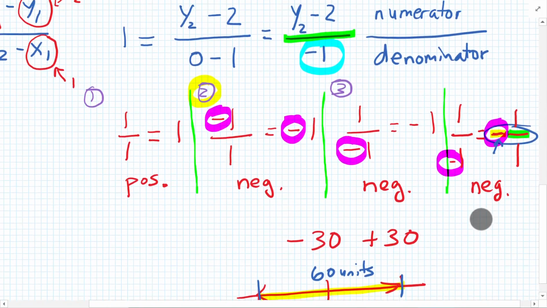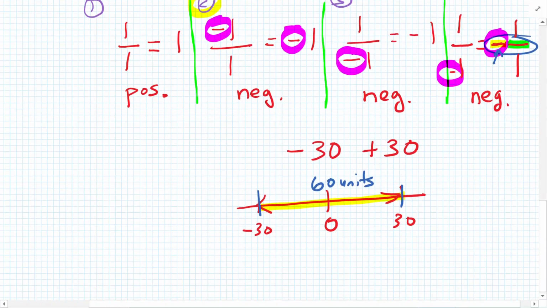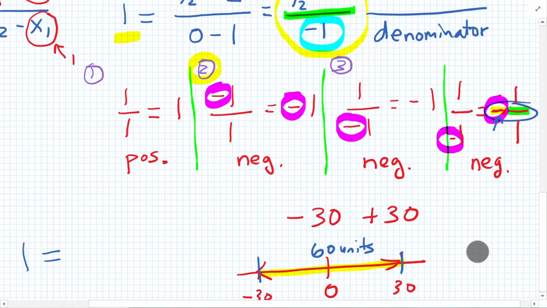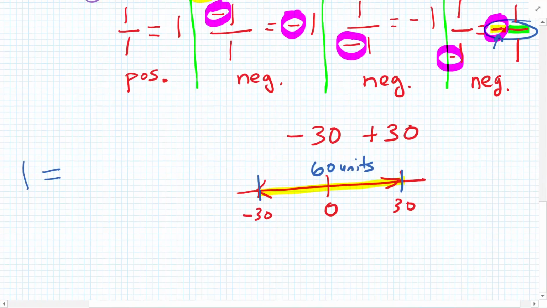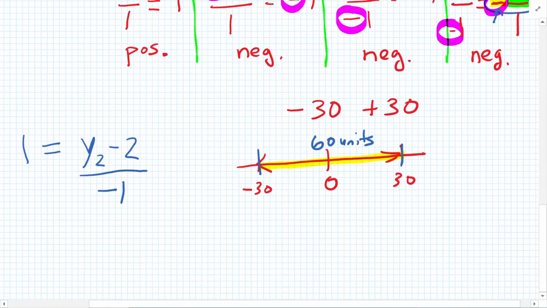So let's bring this problem down that we have. We have 1 equals this. That's what we've simplified it to. So let's put those together over here. 1 equals what? y2 minus 2 all over negative 1. Well, negative 1 can be expressed different ways.